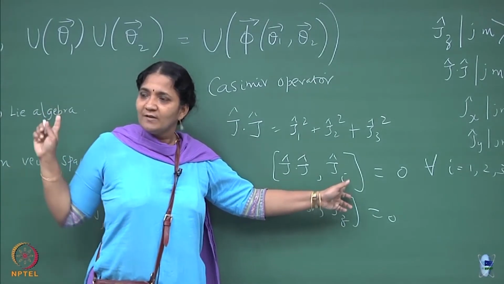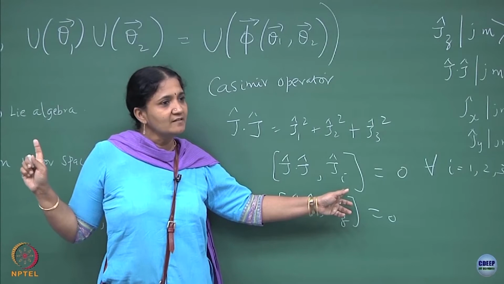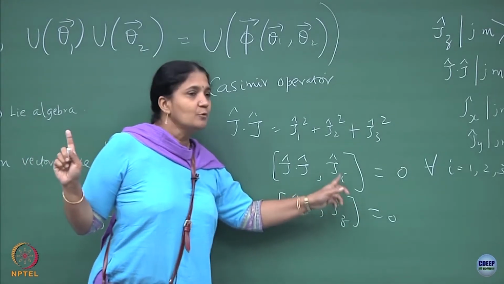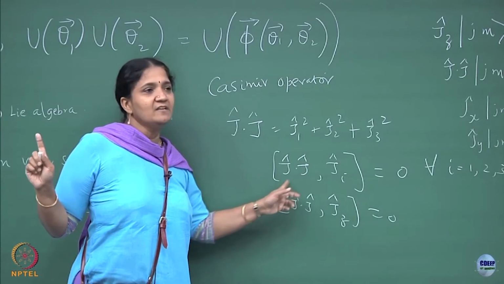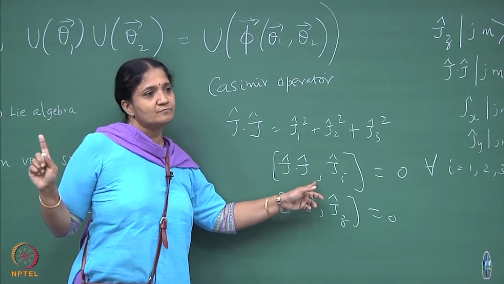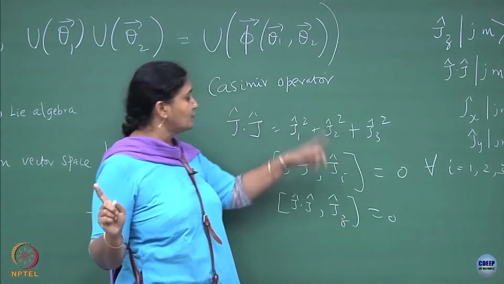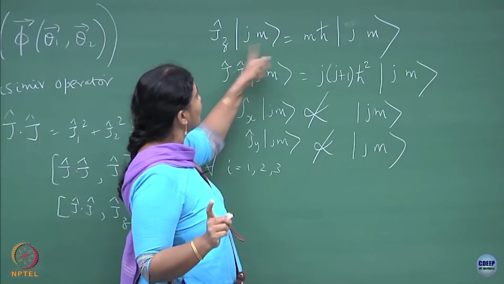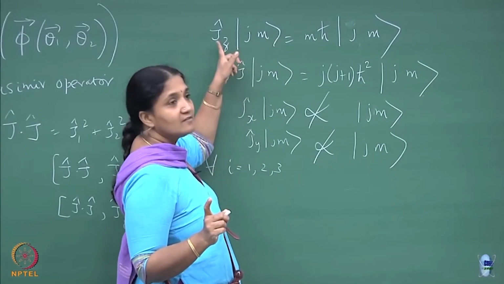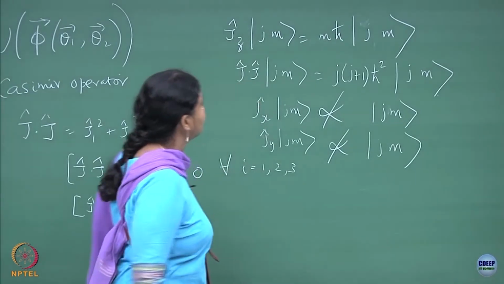I am confining myself to the SU2 group. The SU2 group has J1, J2, J3 as the generators. The Casimir operator will commute with all of them, and the Casimir is constructed using bilinears of the generators. Then we make a choice and write those states which are simultaneous eigenstates of this as well as this.